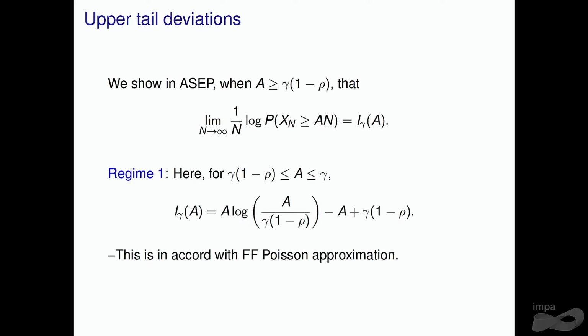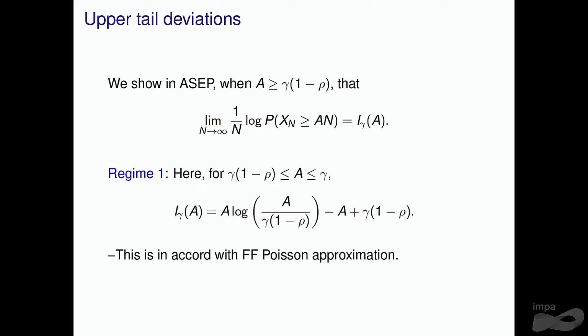So the answers. You can ask, before you even start, is the Ferrari-Fontes approximation, if you just ignore the error, do you get the same answer? Is the rate function the relative entropy of two Poissons?